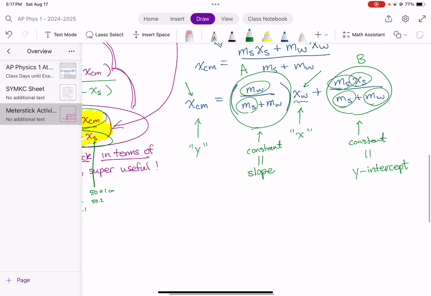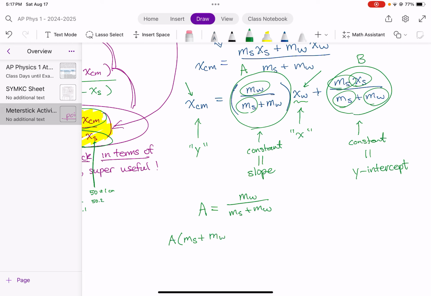All right, so mathematically, what does this mean? That means that A equals mass of the weight over mass of the stick plus mass of the weight. I can solve this for mass of the stick with some simple algebra. Oh, whoops.